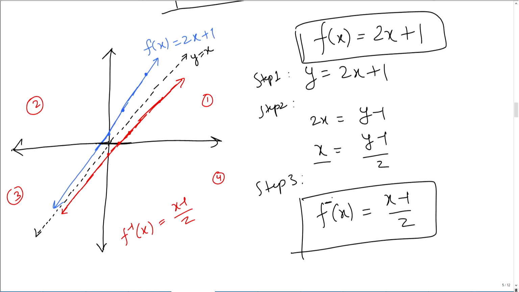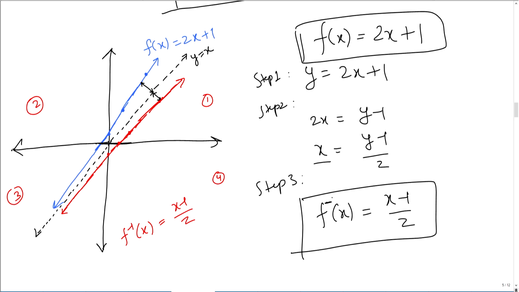So for example, one property is that, let's say your graph has this much distance from this mirror line y equals x, the inverse graph would also have this much distance. That means in this area where your blue line is far from your y equals x line, the inverse function line would also be far from y equals x.